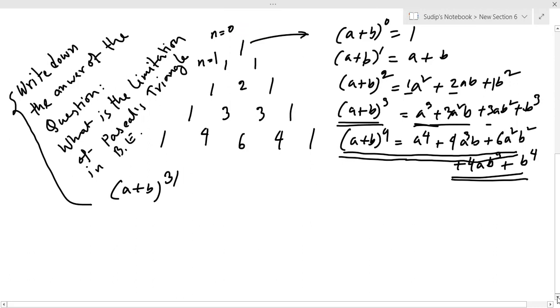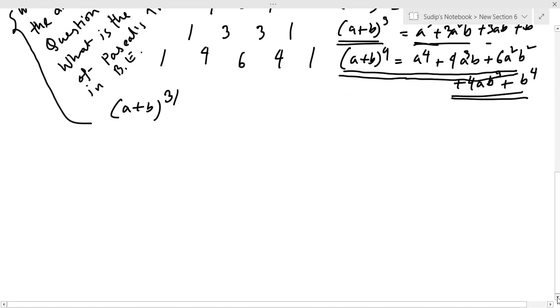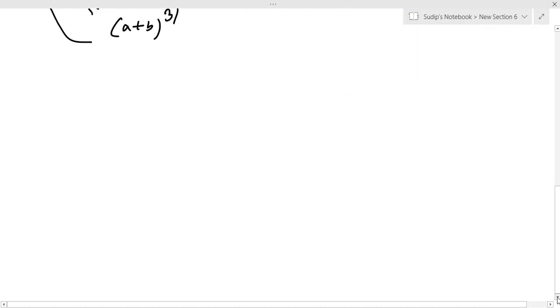Now we are going to discuss how to overcome this situation. To start this discussion, we have to know some notations or symbols which are very new for you.